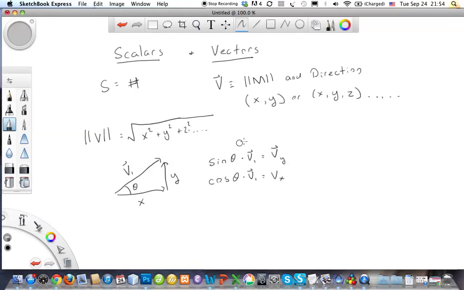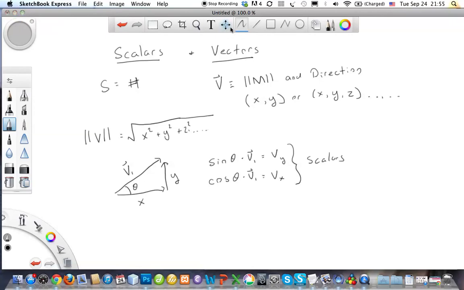These are actually scalar numbers. The individual components give you scalars.